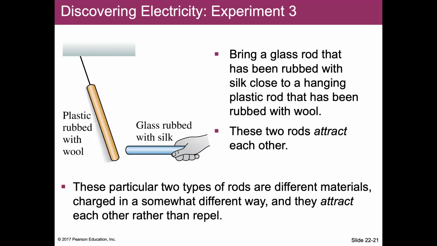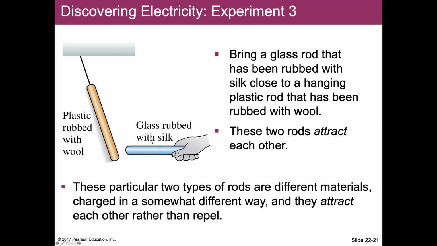Now, the third experiment. Bring a glass rod that has been rubbed with silk close to the hanging plastic rod that has been rubbed with wool. What happens is these two rods will attract each other. So after this experiment, what we can conclude is that these two types of rod are different materials and charged in a different way, and they attract each other rather than repel.